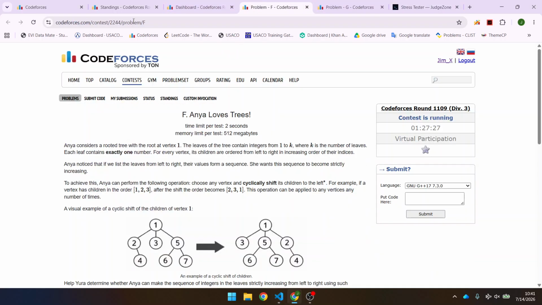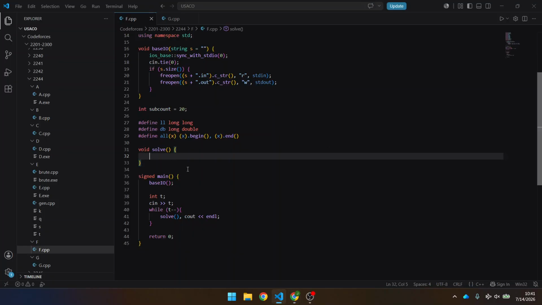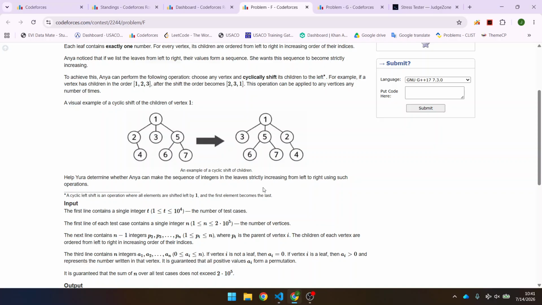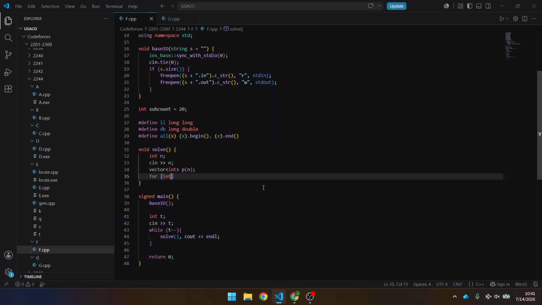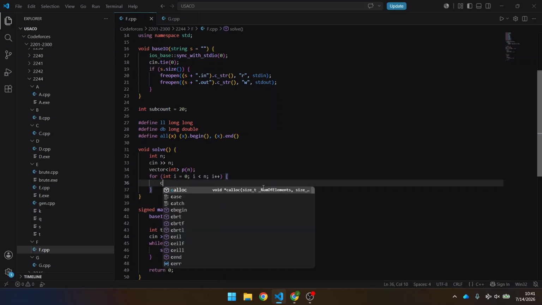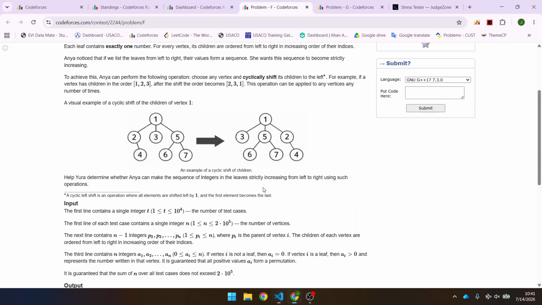Alright, next problem. On your left trees. Okay, so 8n, the parent. How to probably construct an adjacency list.